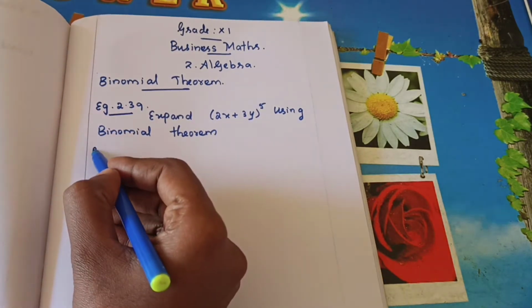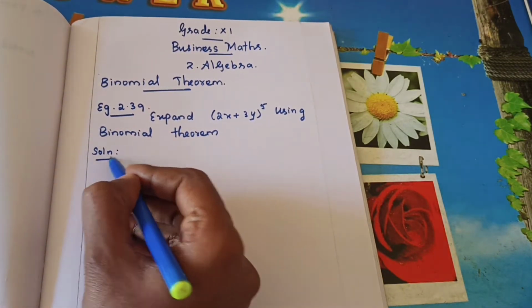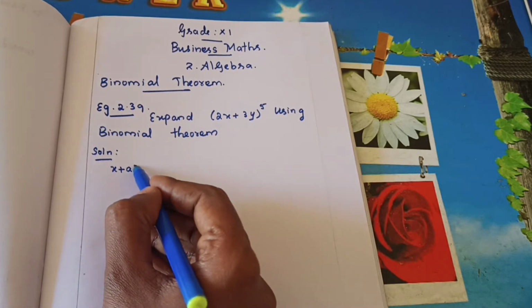First you need to write down the expansion for x plus a the whole power n.